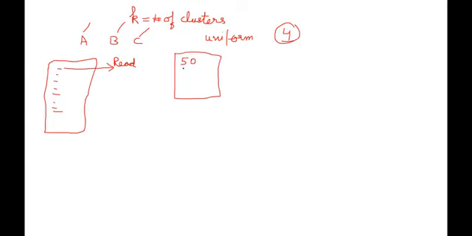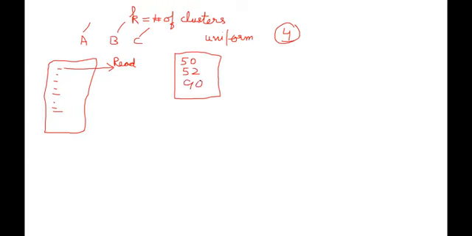Now the second student has marks, let's say 52. Since I want 4, it will also be in the same cluster. Now let's say the third student has marks 90.